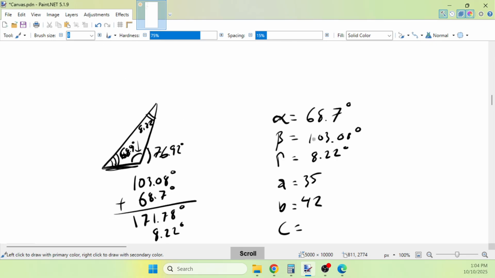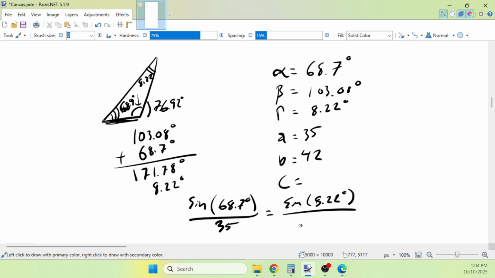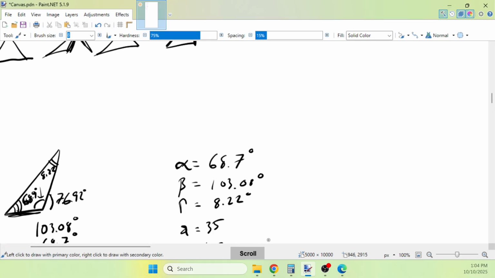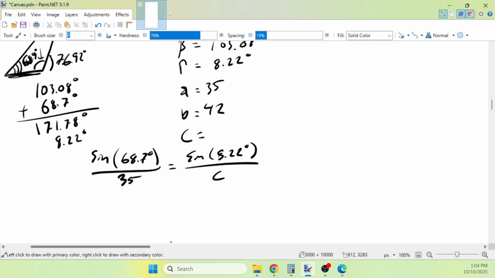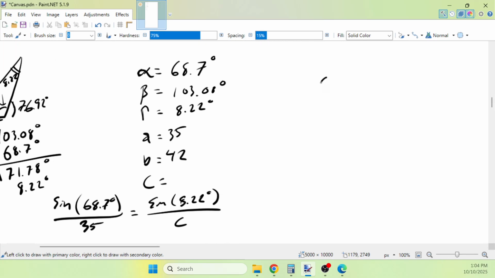C comes from the law of sines: sine of 35 equals sine of gamma over C, so C equals 35 times the sine of gamma.